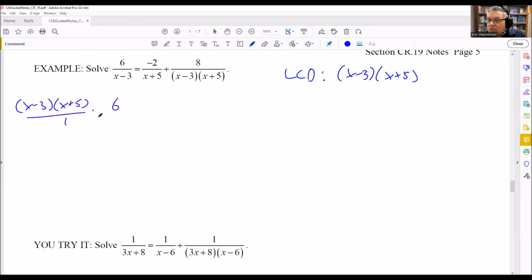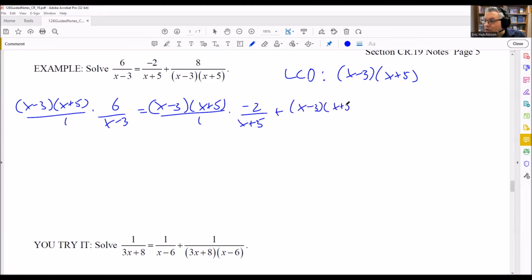Then we have that times 6 over x minus 3. I have x minus 3, x plus 5 over 1 times this first term here, negative 2 over x plus 5. Then I have plus, I'll put the same thing again, x minus 3, x plus 5 over 1, times the last term here, 8 over x minus 3, x plus 5.